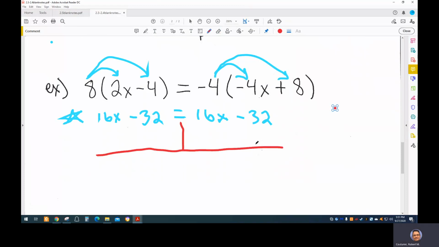So this is just variables on both sides. I need to move this variable to this side. The addition subtraction property of equality says I can move it provided I perform the reciprocal operation. I'm going to subtract it from this side. These cancel and these cancel. I'm left with a negative 32 equals.